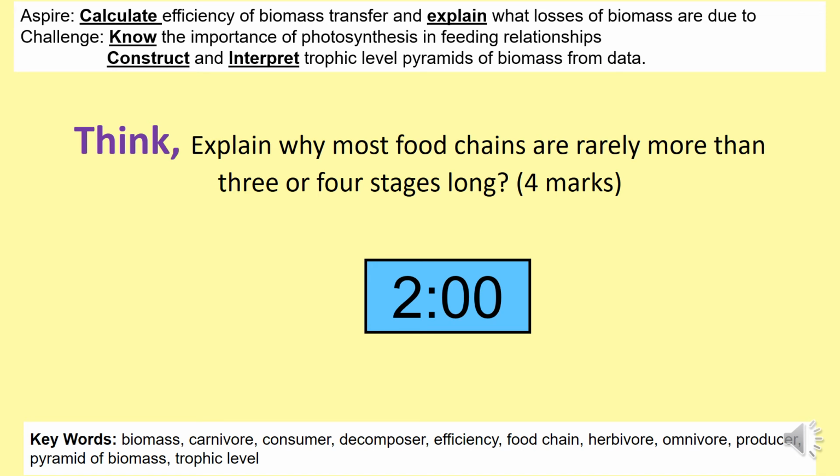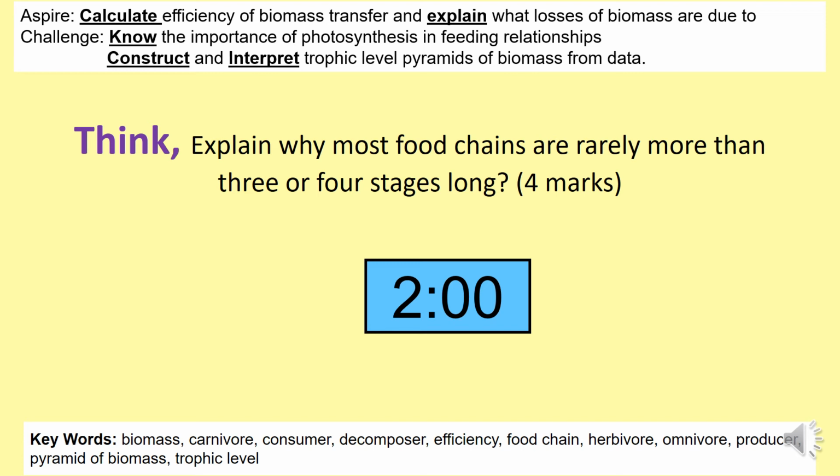So this takes the information that we've just learned and it now applies it with a bit of thought as to why it is that movement of energy and mass cannot mean that we have endless food chains in length. So what must be happening between each of the stages to mean that we can only have them 3 or 4 stages long?